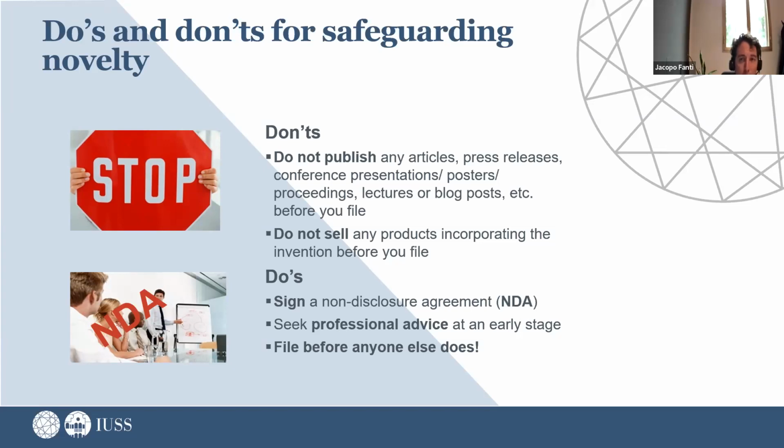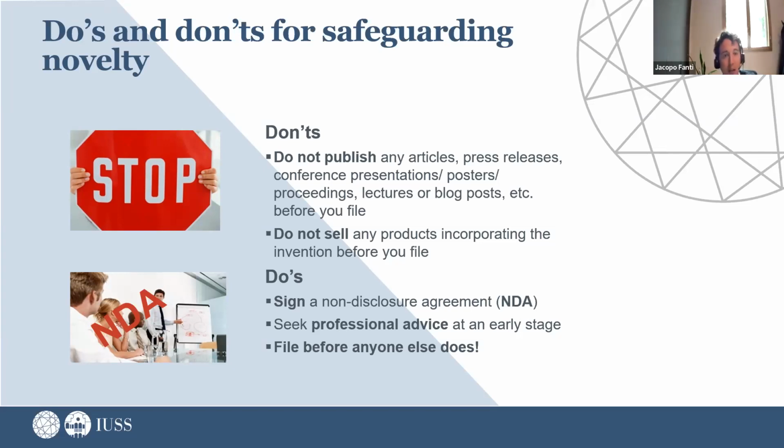And in general, once you interact with companies or third parties, also other research institutions with which you are sharing some information, sign a non-disclosure agreement. This is very important. You need to protect the exchange of information related to your research result.